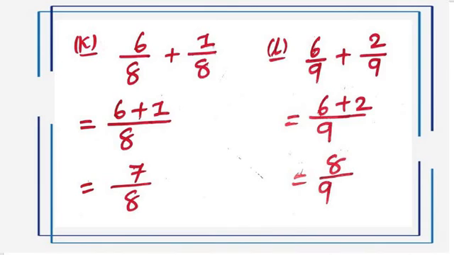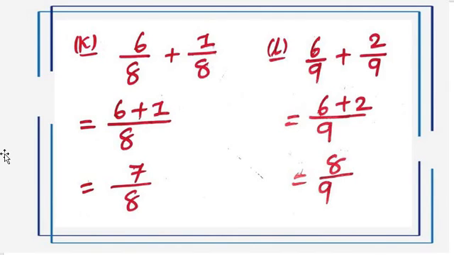Question number K is 6 upon 8 plus 1 upon 8. These are all the questions we are going to learn.